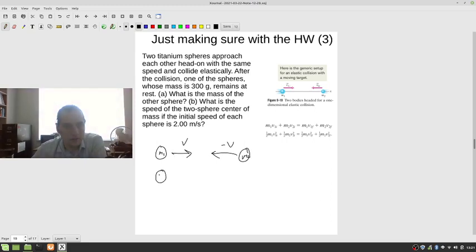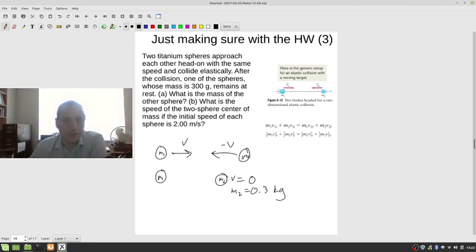If I set it up this way, you can do it however you like. I might do M1, M2, and then this speed would be V equals 0, and the M2 then would be 0.3 kilograms.